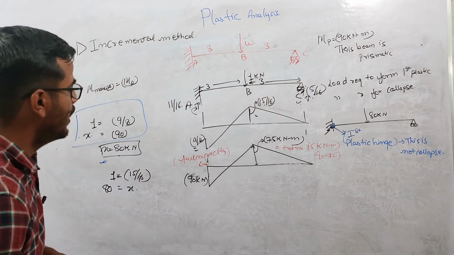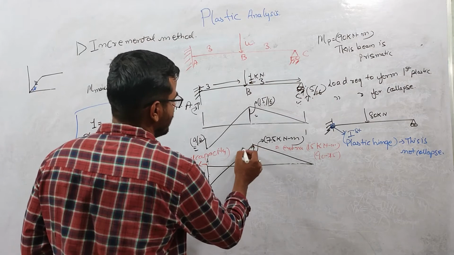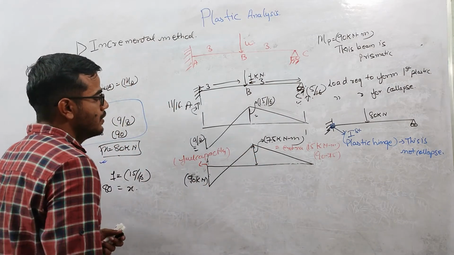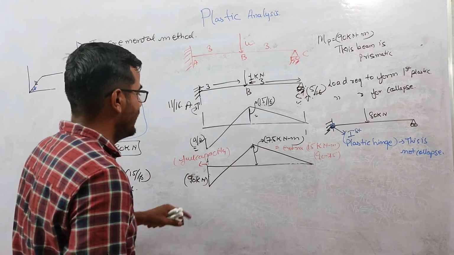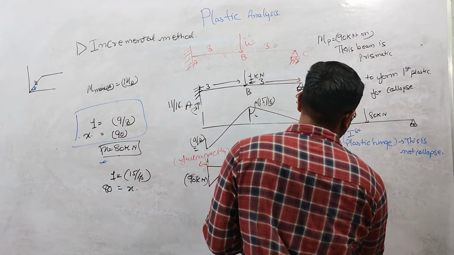If you increase the load, there is a moment redistribution and the moment will increase at this point. This point cannot take more moment, and this works because our structure is ductile.